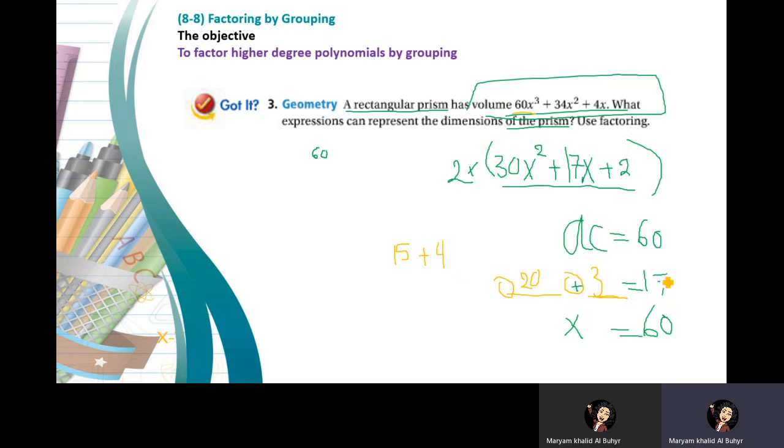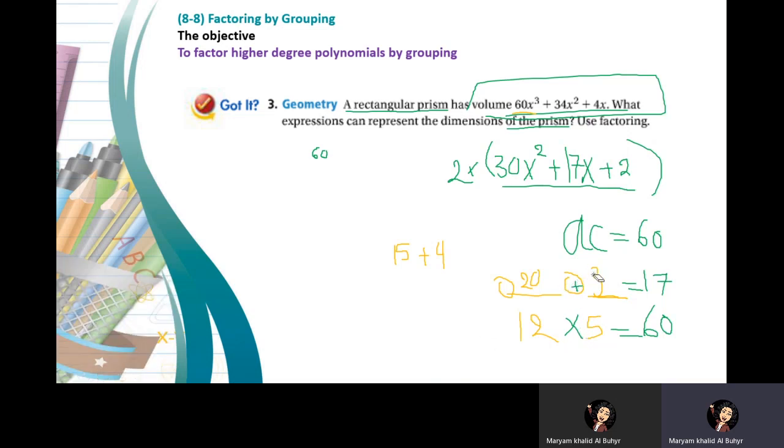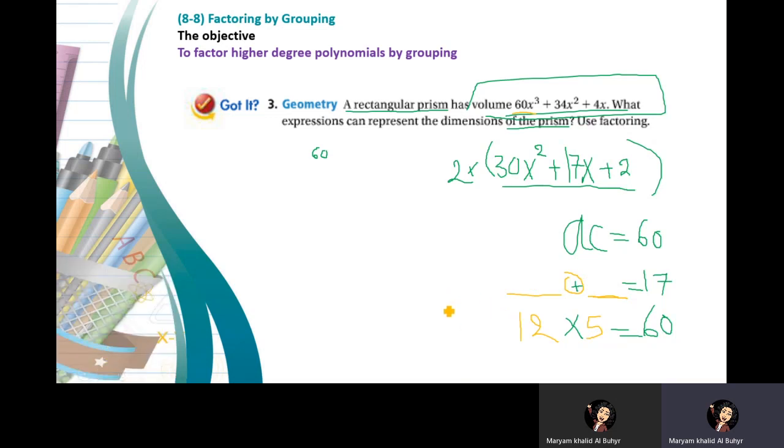So I'm going to think about 12 and 5. When I multiply them, I will get 60. When I add them, I will get 17. Great, that's what I need. So 12 and 5.